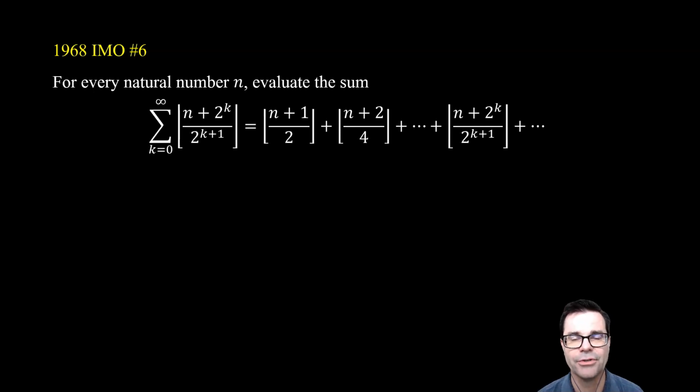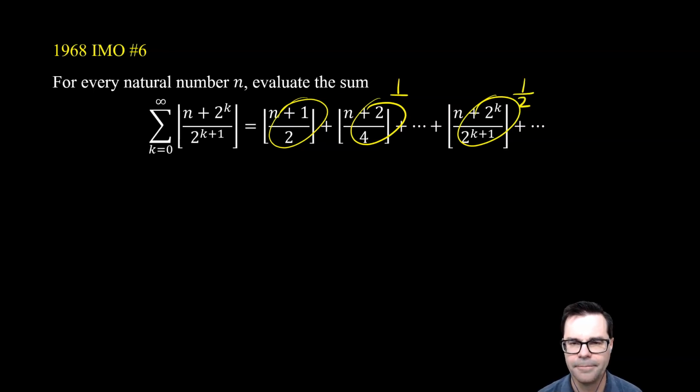So before I show you the solution here, let's see if we can play around with this a bit and get a handle on what's going on. It's always a good idea to do that before you just jump in and try and start proving stuff. When I look at these terms here, one thing I notice is I've got a half, 2/4, 2 to the k over 2 to the k plus 1, that's also a half.